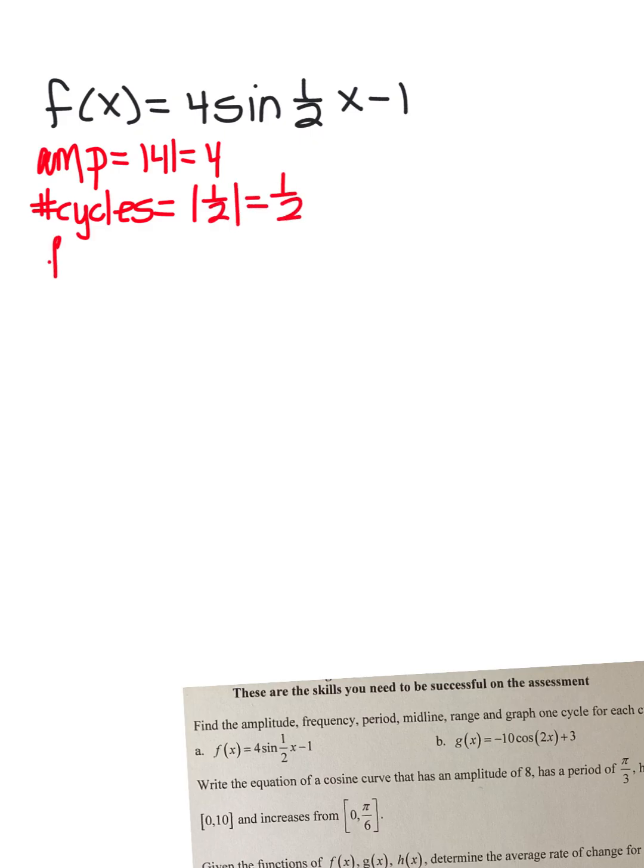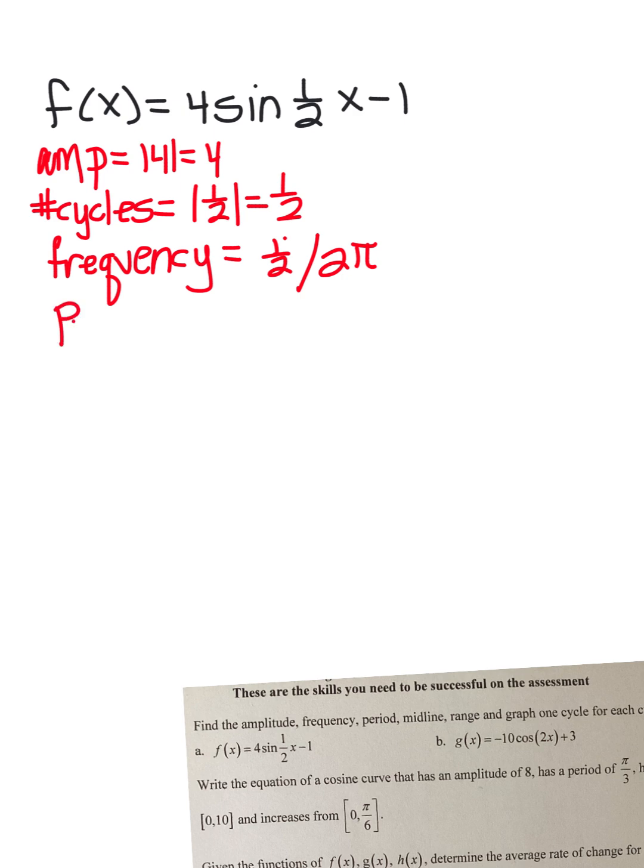The frequency, remember, that's how many cycles in a 2 pi interval, so it's 1/2 in 2 pi. So it means half a cycle in 2 pi. Now remember, we're going to graph one cycle, so that's important to know.